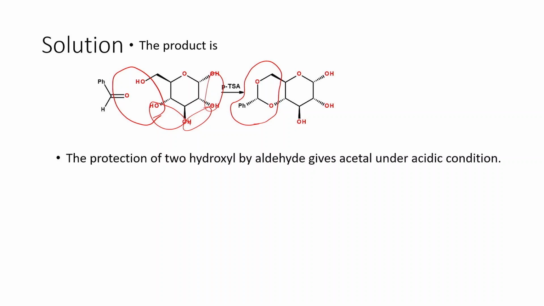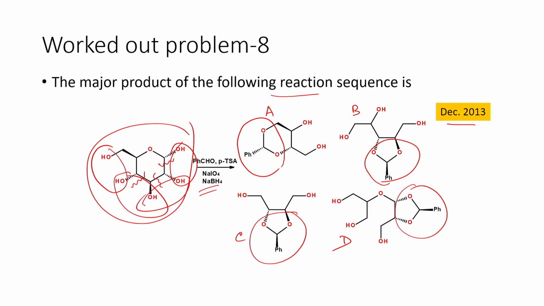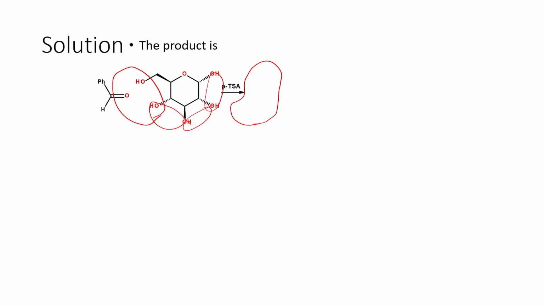If we go back to our starting material, among the four combinations, A is going to be the product. Without even looking at the other combinations, we can say that because A is the only compound where the primary hydroxyl is protected as the acetal, not the rest. So this way you can sometimes guess what is going to be the product.